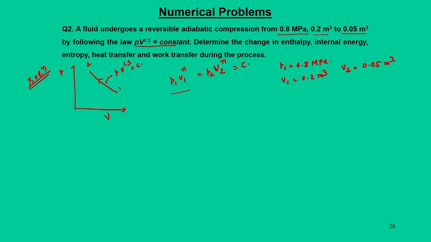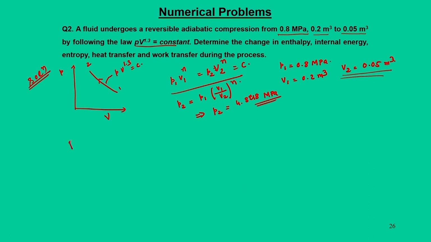Then from these equations we can find P2 as P1 into (V1 by V2) to the power n. All these numbers we know, so this will give you P2. P2 will be 4.848 megapascal. So, we know P2, we know P1, we know V2, we have all the parameters.